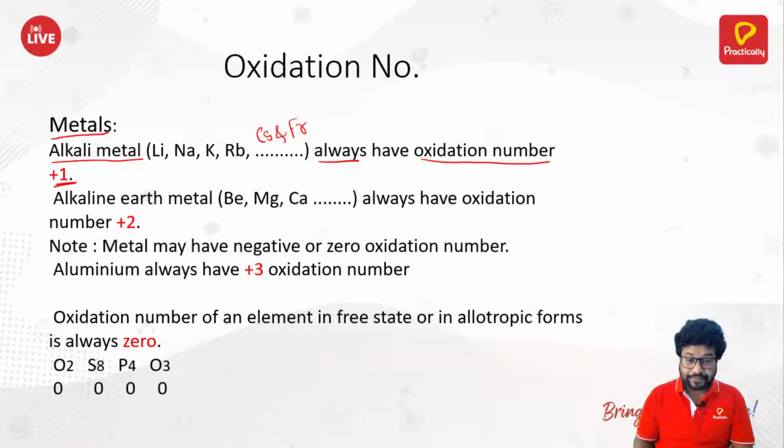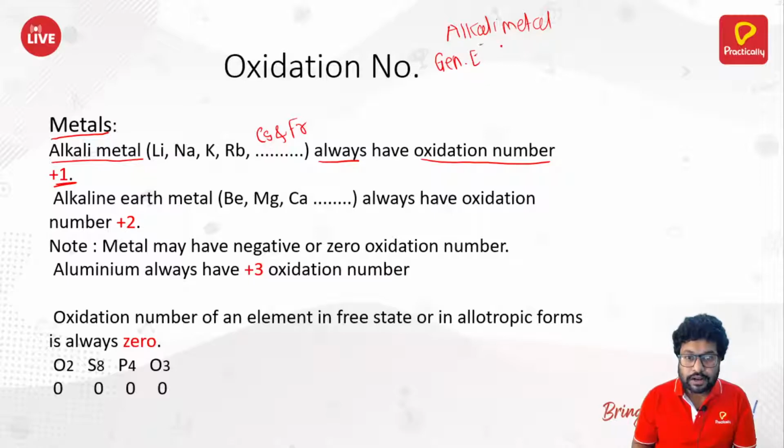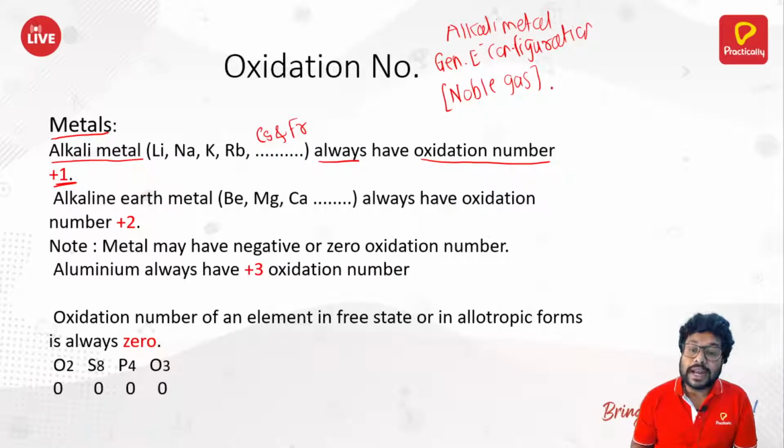Why? Because if you talk about the alkali metals, their general electronic configuration is a noble gas core, and outside it they have ns1.